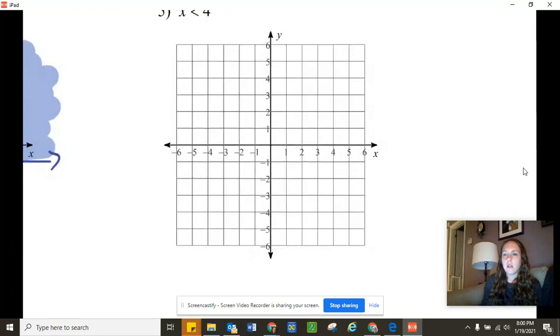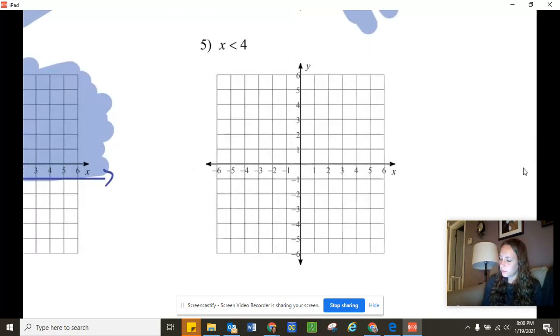All right. On this one, we got x is less than 4, so that's going to be a dotted line. And I'm going to go where x is 4 and just make a dotted line that is vertical. Just think of it how we're used to. Most equations are y equals. So when you have one that's x equals or x with an inequality symbol, that's going to be the different one where it's vertical.